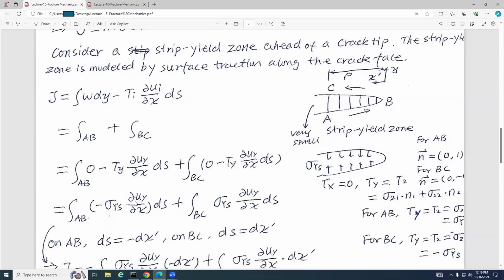So T1 equals sigma. Let me see, Ti equals sigma ij nj, right? So T1 equals sigma.